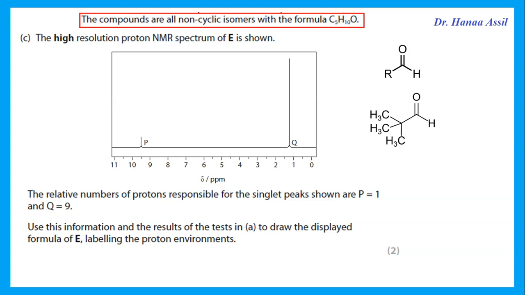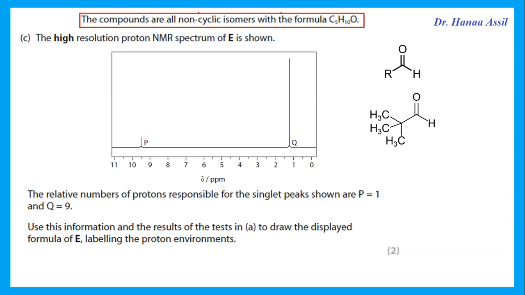So it must be something like this, in which we have the CH3s all bonded to one carbon. So I have a total of 5 carbons, 1 oxygen, 10 hydrogens. And it will agree with the NMR because the hydrogen of the aldehyde would be the one at P, and the 3 carbons carrying 3 hydrogens each would all be equivalent.